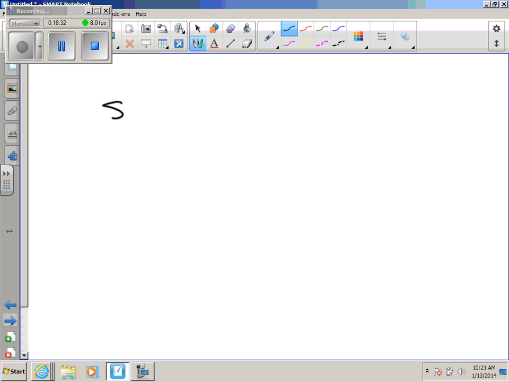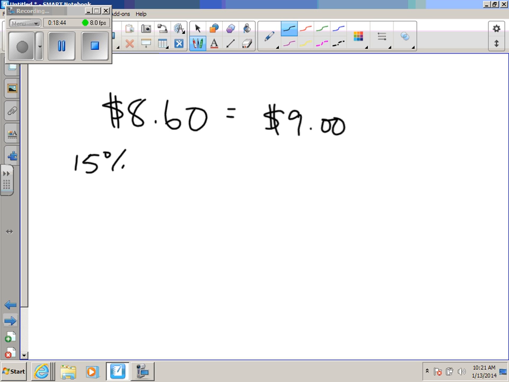$8.60. First of all, we would estimate the amount of the bill to be about what? Oh, $9, right? So let's calculate the 15%. Break it down into 10 plus 5. 10% of $9 is what?